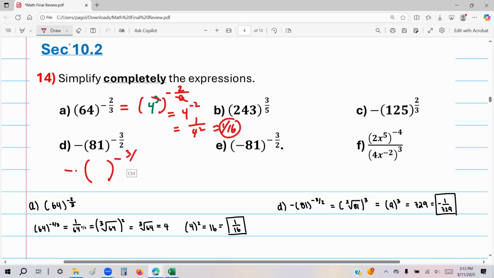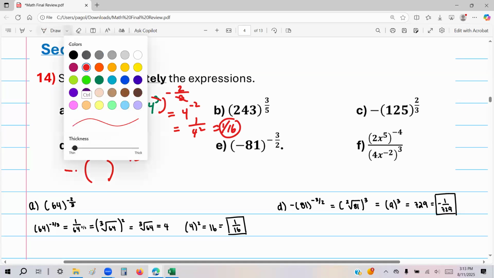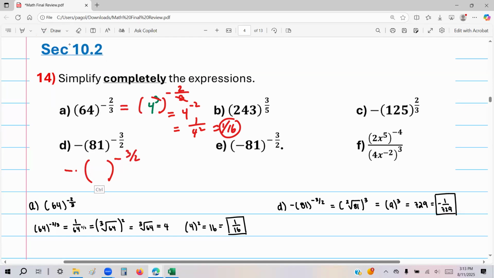So negative 3/2. That means you're looking for some number to the square that gives you 81. What number to the square gives you 81? 9. So you rewrite it as 9 squared.